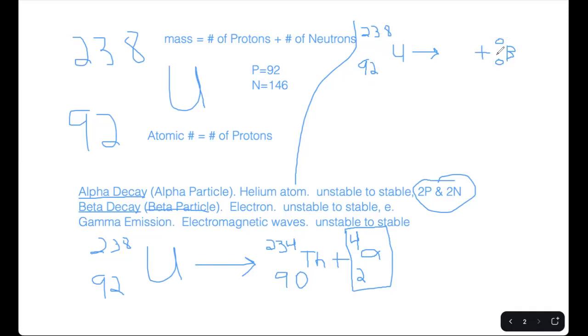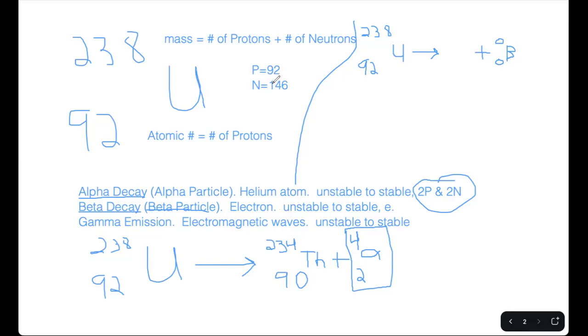So you're going to see me change the zeros here, and that'll make sense in a little bit. So let's remember what happens during beta decay. Well, one of the neutrons is going to change into a proton. I'm going to say that again. One of these beginning neutrons is going to change into a proton.